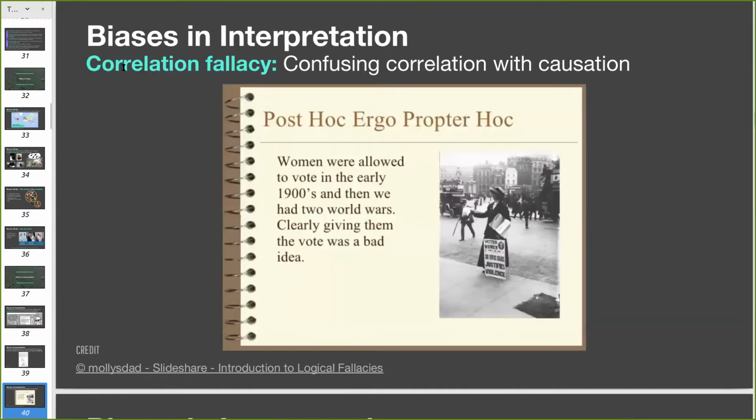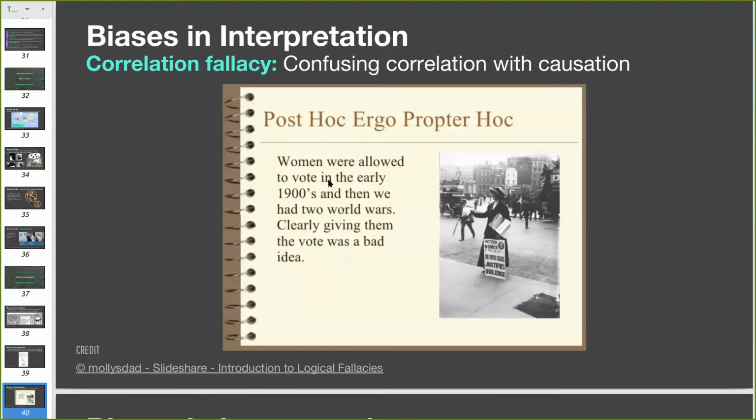And here's another example, correlation fallacy, confusing correlation with causation. Here's an example. Women were allowed to vote in the early 1900s, and then we had two world wars. Clearly, giving them the vote was a bad idea. Here we are talking about two things: one is giving the right to vote to women, and the other is the occurrence of two world wars.